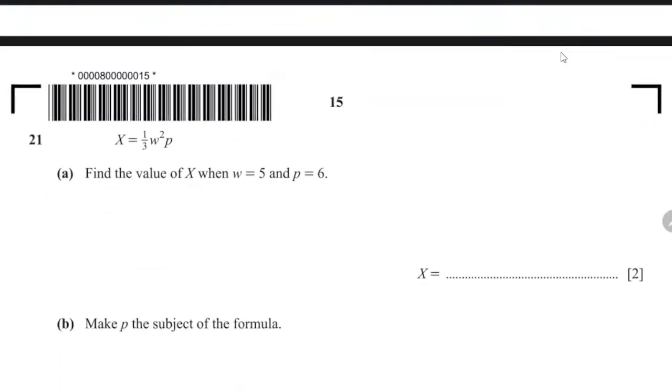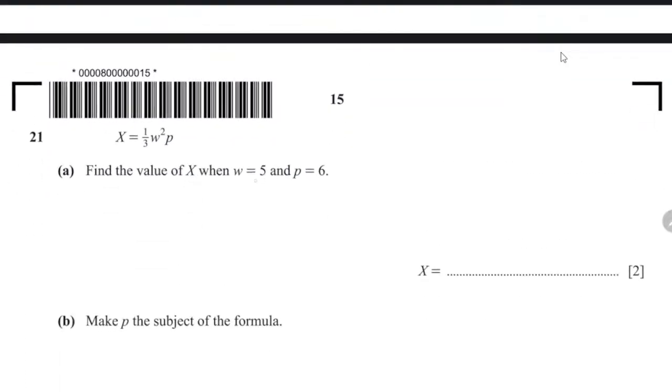Subject of the formula. The value of x when p is this and whatever. You know how to say x. Are we together?